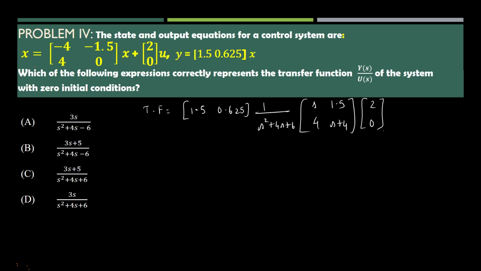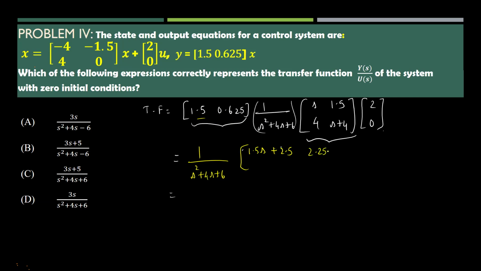Okay, this is a column matrix and this is a row matrix. So I am going to write the determinant outside. Let me multiply this matrix. 1.5 into s, 1.5s plus 0.625 into 4, that is 2.5. This first row, first column. And then minus 1.5 into 1.5, minus 2.25 plus 0.625s plus again 2.5. Okay. Into the B matrix is 2, 0.